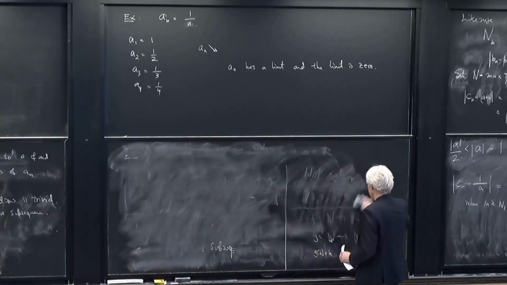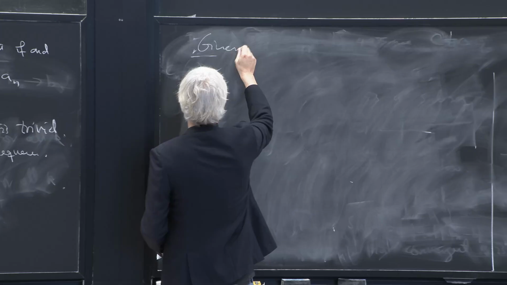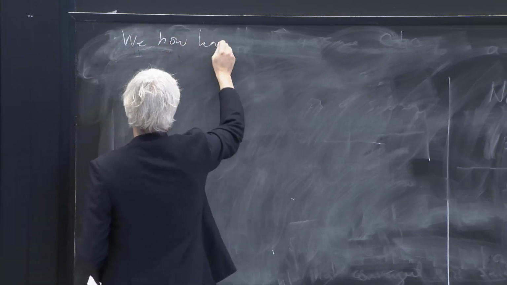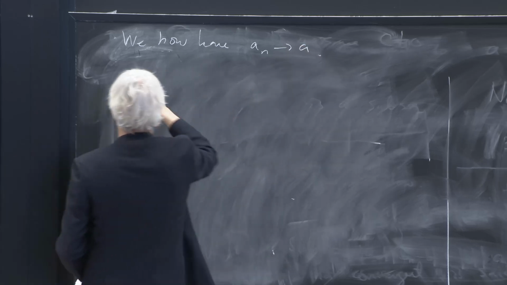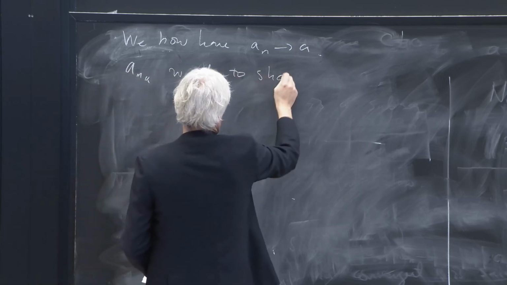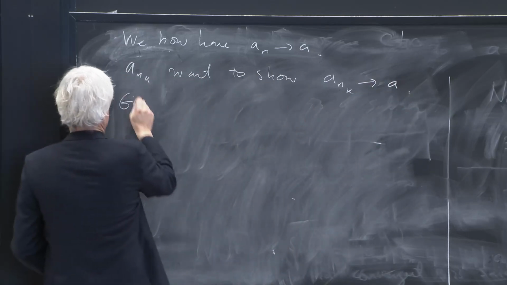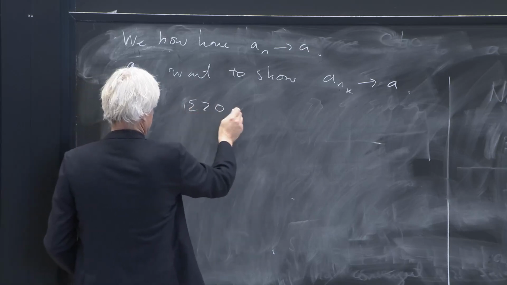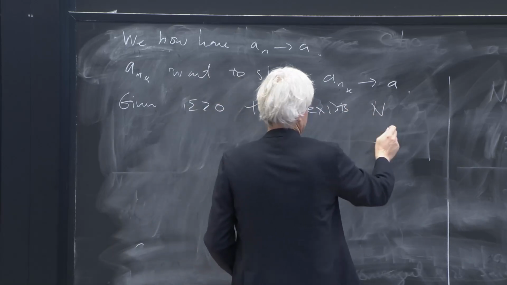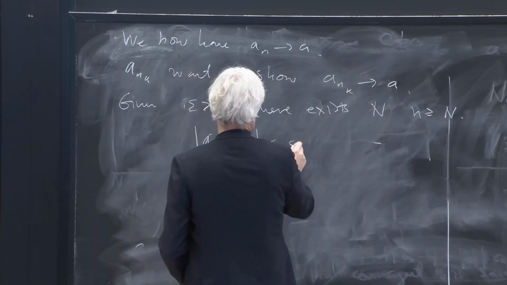We have that an converges to A, and we're looking at a subsequence a_{n_k}, and we want to show that a_{n_k} also converges to A. So given epsilon greater than 0, there exists a capital N so that if little n is bigger than capital N, then |an minus A| is less than epsilon.